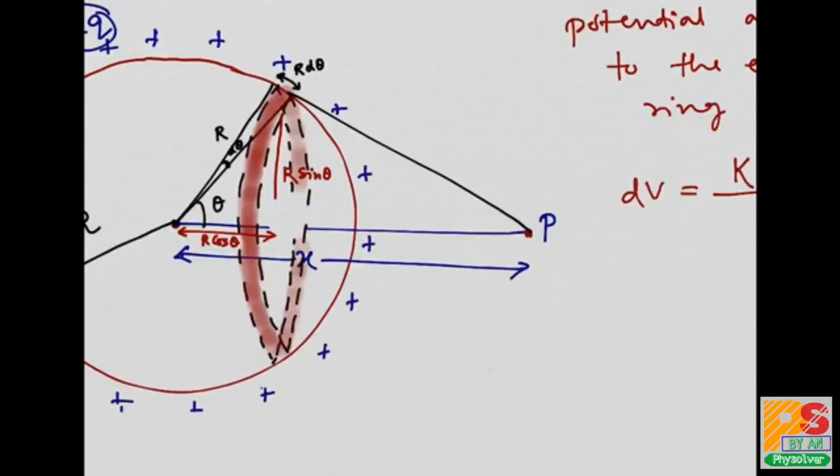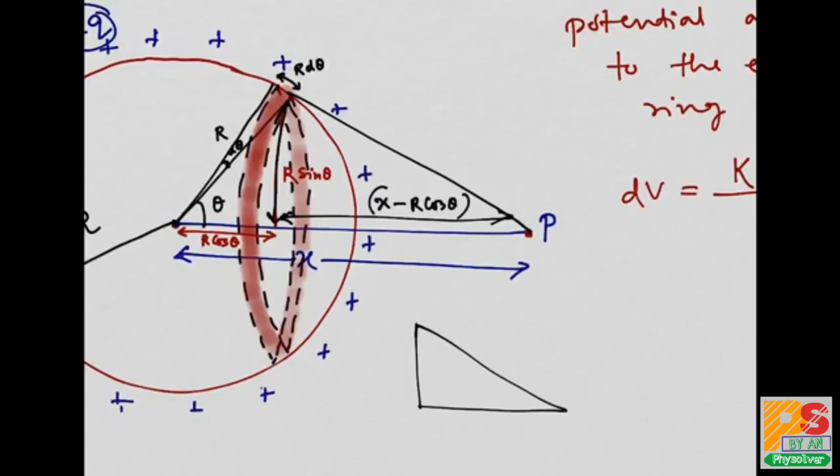This side is x minus r cos theta, and this is r sin theta. So the hypotenuse will be root over x square plus r square minus 2xr cos theta, right?